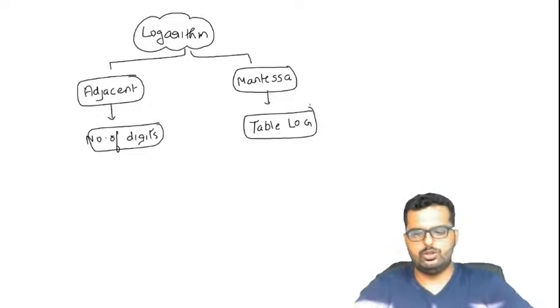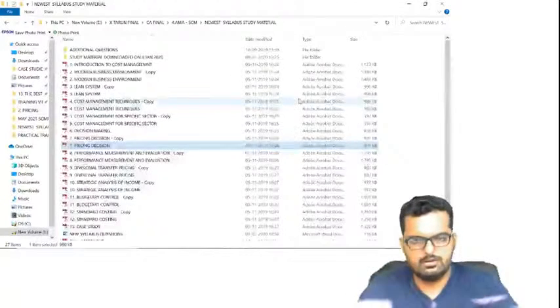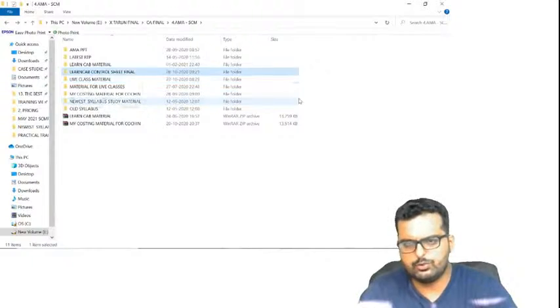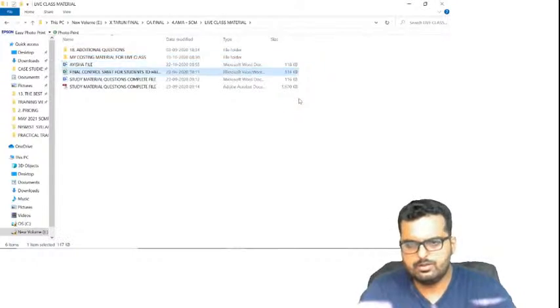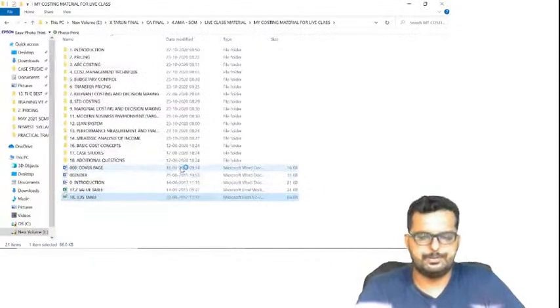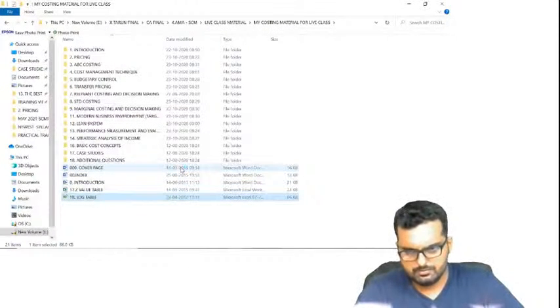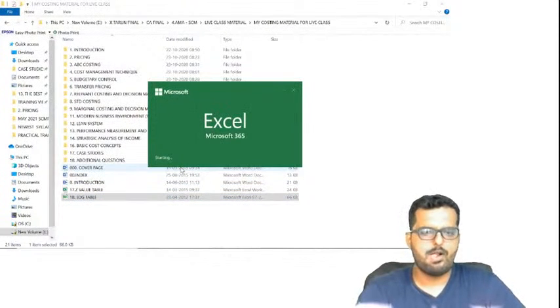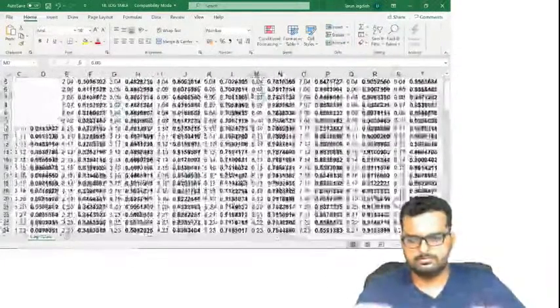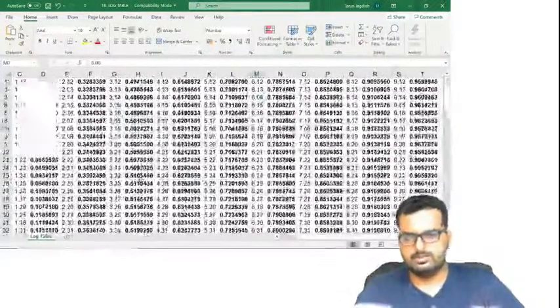Okay, I'll just show you the log table. It is there in the website tarunjagdish.com/pen drive. If you go there, the material is available. But I'll just show you the material and I'll just show you the log. This table is called as a log table. Okay, this table is the log table.